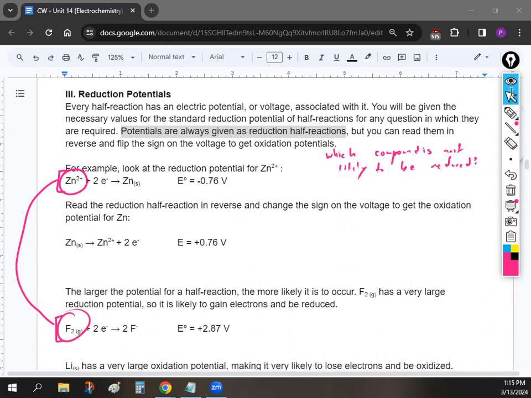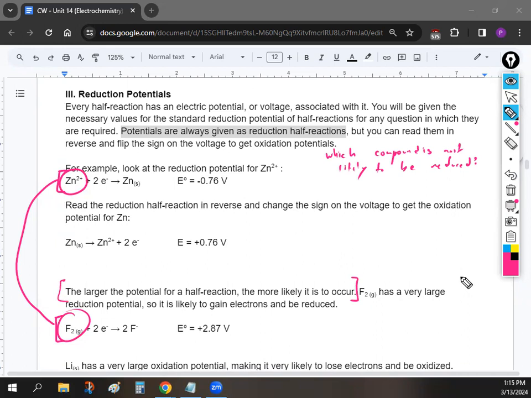Okay, and the answer is actually pretty easy. Now, this is one that's also very important and worth tattooing on your partner's face. It's whatever has the larger potential. The larger the potential, the bigger, the more positive the number is, the more likely it is to happen. Okay, and that's it. That's the key. Even though fluorine really hugs onto its electrons, it doesn't have to do with that so much.